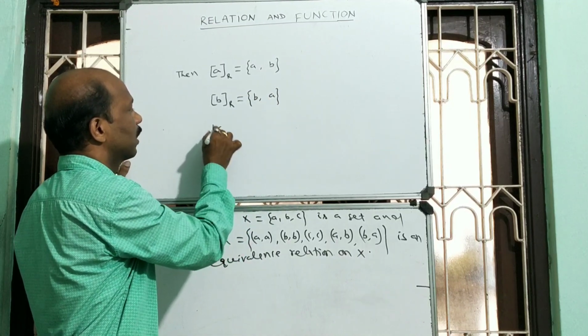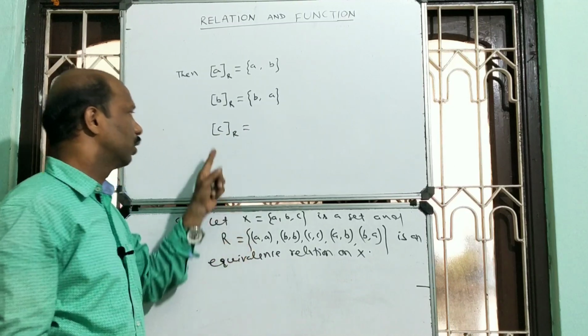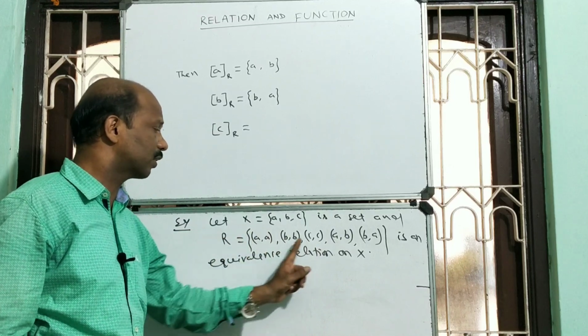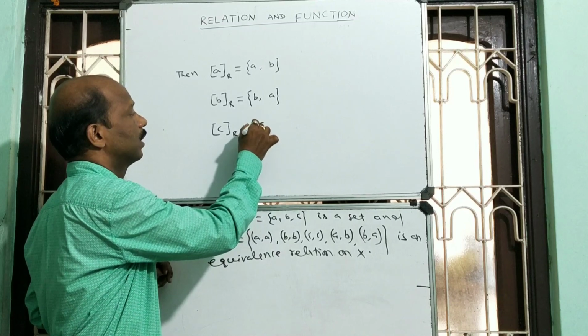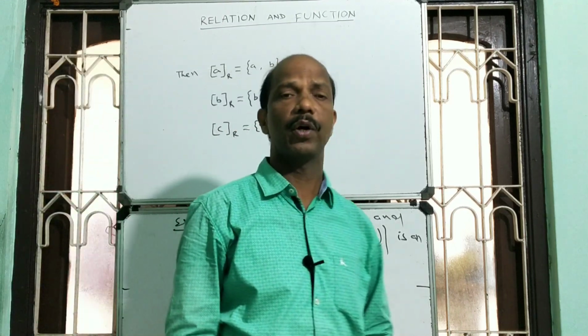This is equivalence class of c. Then equivalence class of c with respect to R. We have to search c is related to which elements in the equivalence relation R. Here c is related to only c. So equivalence class of c is equal to only {c}. This is the conceptual meaning of equivalence class.